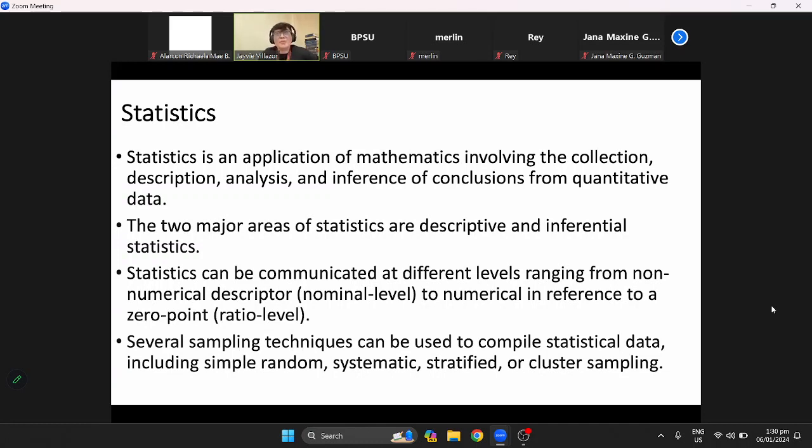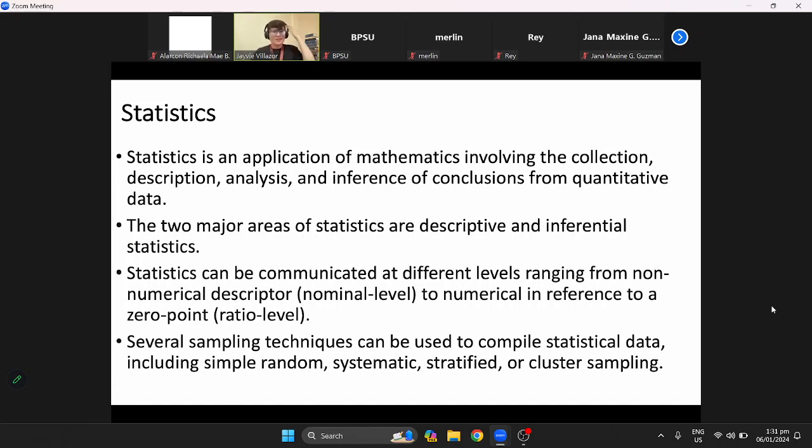Those are probably pure concepts, computations, and so on. But statistics is more beneficial because you tend to apply the process of collecting, describing, analyzing, or inferring conclusions to daily situations. Statistics helps us decide and at the same time guides us on how to live properly.